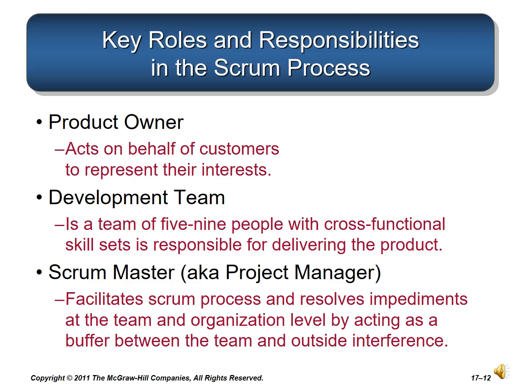The product owner establishes the initial list of product features and prioritizes them in the product backlog. The product owner negotiates sprint goals and backlog items with the development team.